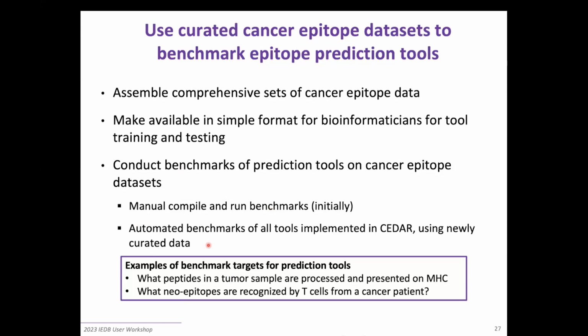Examples for benchmark targets would be what peptides in the tumor samples are processed and presented on MHC, or what neoepitopes are recognized by T cells from a cancer patient. These two questions might sound very similar, but they are slightly distinct, and it's an important distinction. We need to know how to use and filter the data based on the experimental details so you can efficiently answer these questions.